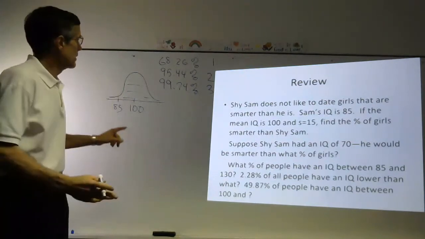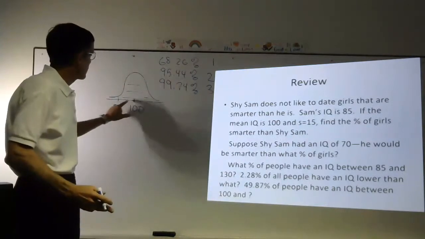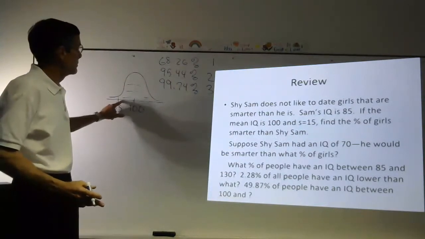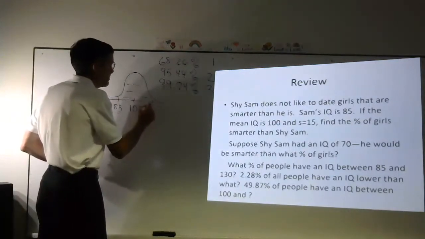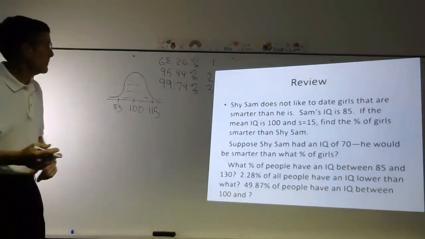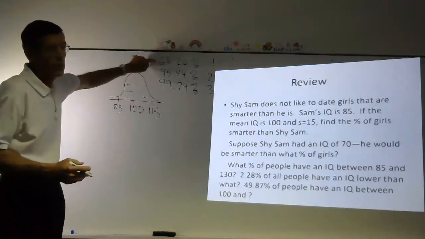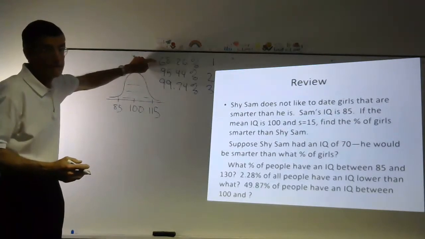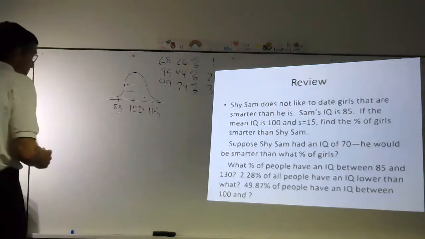All right, so now if we look at this, standard deviation here is 15. That is 1 standard deviation below. So if we would go 1 below and 1 above, you would know just between these two, there's 68.26% of the data. Okay, so we need to know yet how much more is over there.